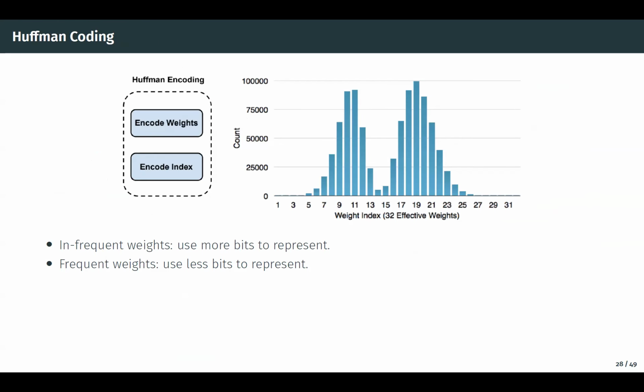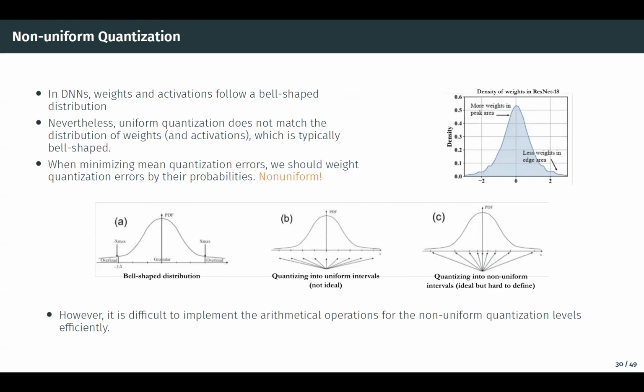In this case, representing this layer with Huffman coding would be more appropriate for this particular layer, and the rest of the layers have this uniform distribution. How to choose is part of what we will talk about in neural architecture search. You can put this into a search space and find the best option for you.